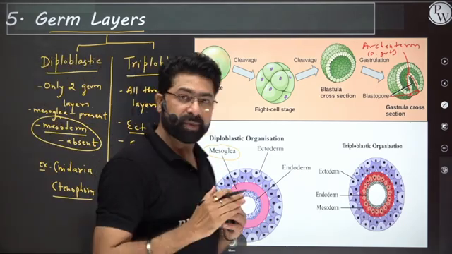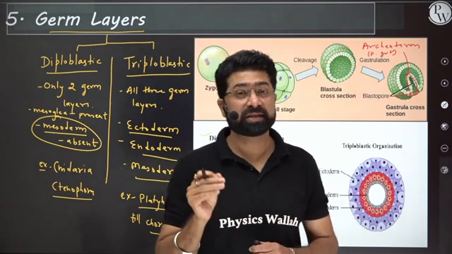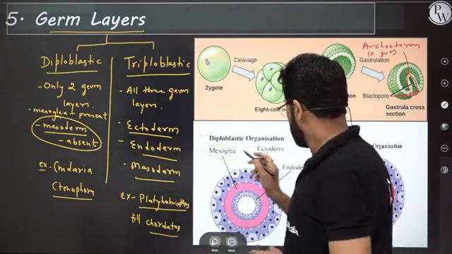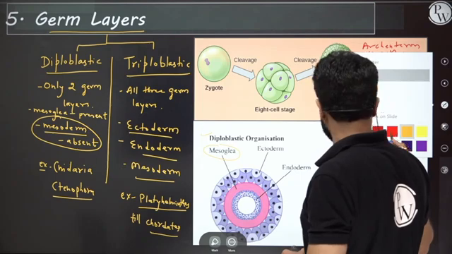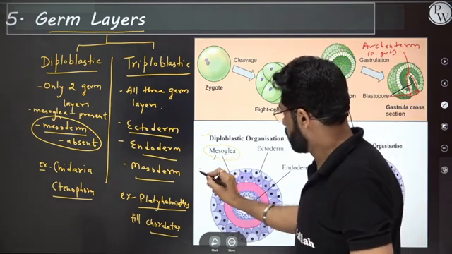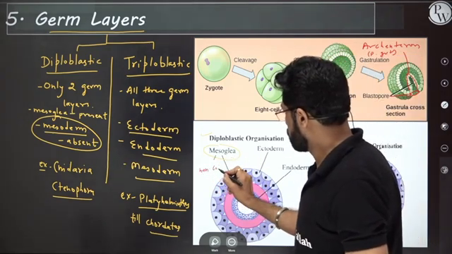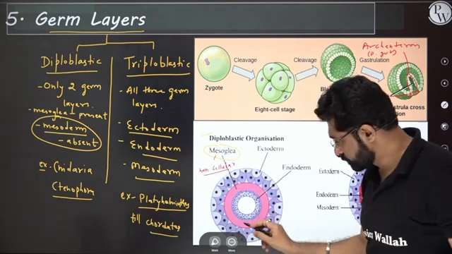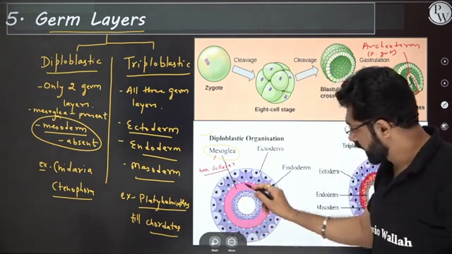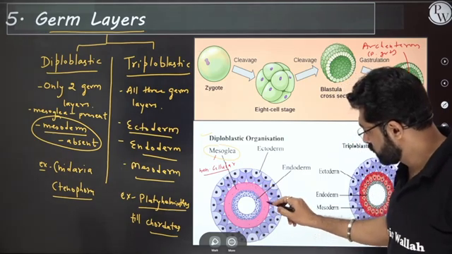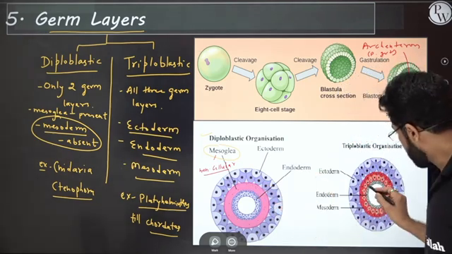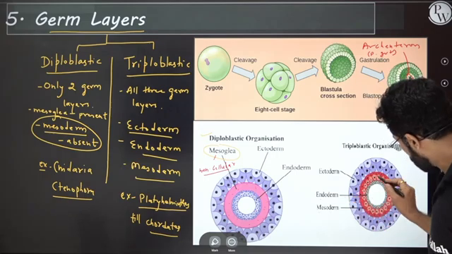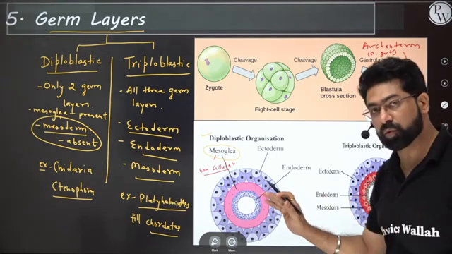What is mesoglea? It is a non-cellular layer. You can see here it doesn't have cells, it is just having some fluid. But in the mesoderm, you can see particular cells also. Here, no cells.